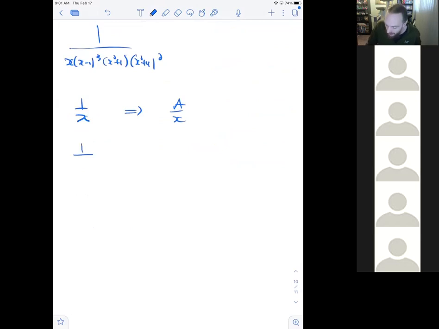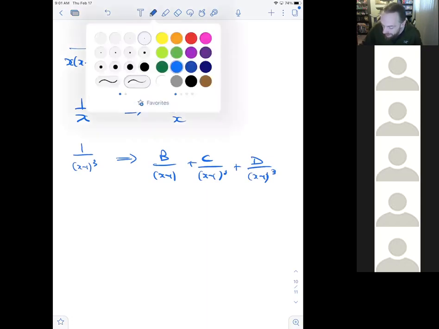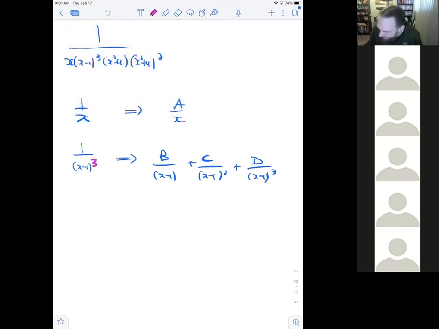The 1 over x minus 1 cubed means that I'm going to guess, I have to keep using different letters or start indexing them, b over x minus 1 plus c over x minus 1 squared plus d over x minus 1 cubed. You go up to the highest power, you stop wherever that power was.